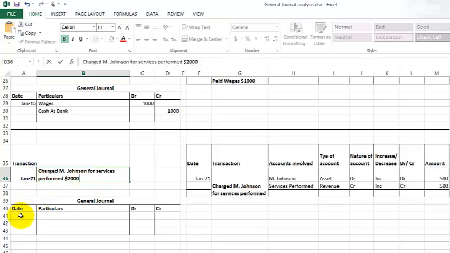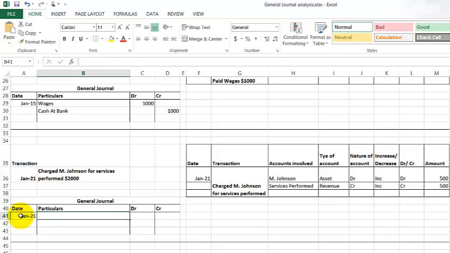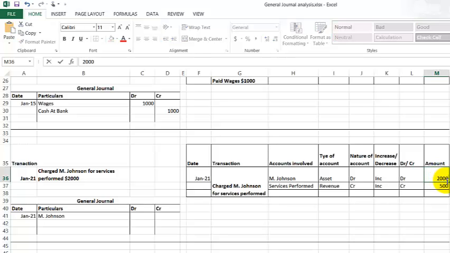So let's just summarise this. On January the 21st, whoops, my typing's not good today. M. Johnson, remember that was an increase on the debit side. Well, it's actually 2,000, remember. So let's just adjust that.